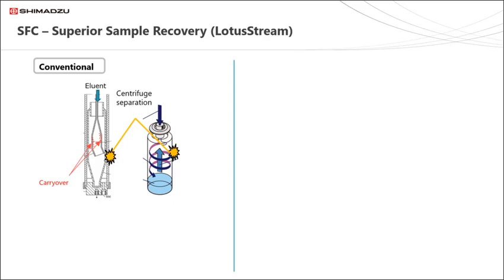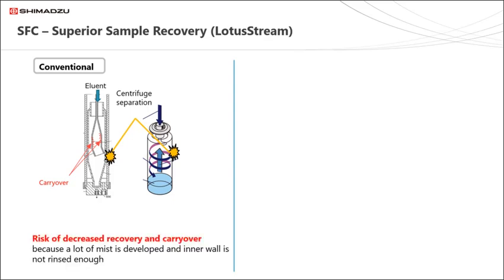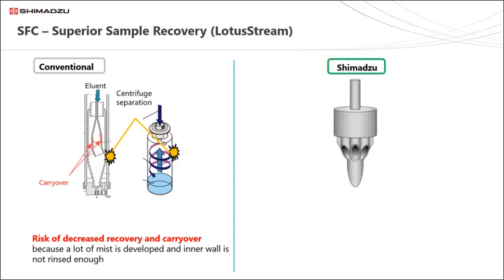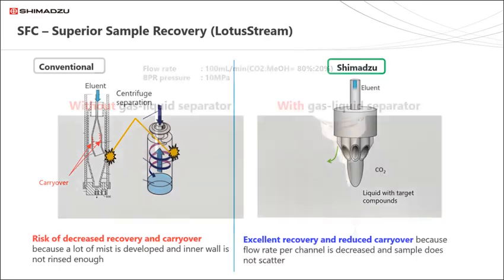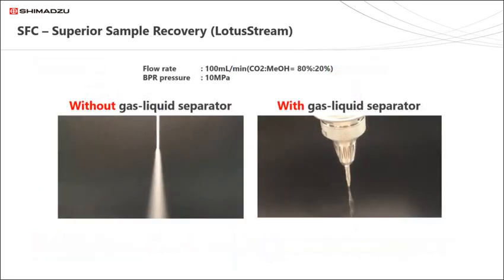Previous generation separators are prone to carryover and low recovery. The innovative Lotus Stream gas-liquid separator overcomes these issues with an elegant and efficient solution. This can clearly be seen in the videos with no GLS compared with the Lotus Stream.